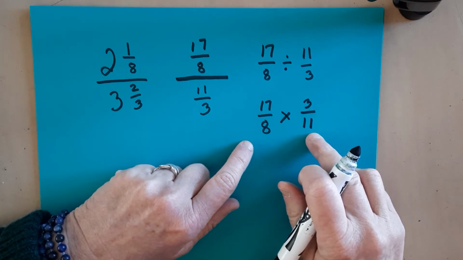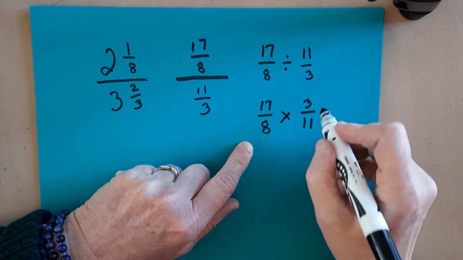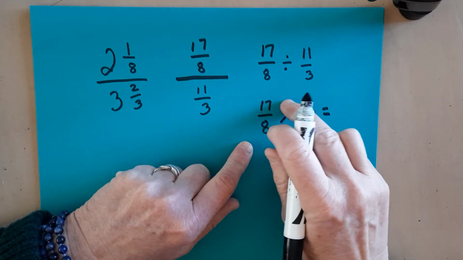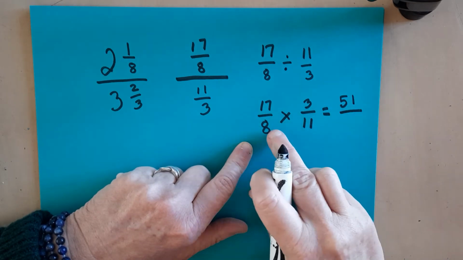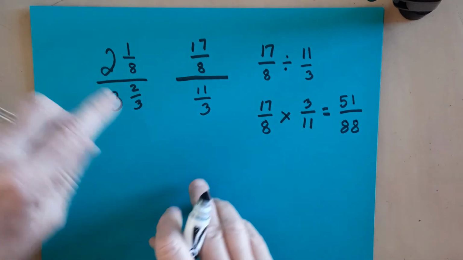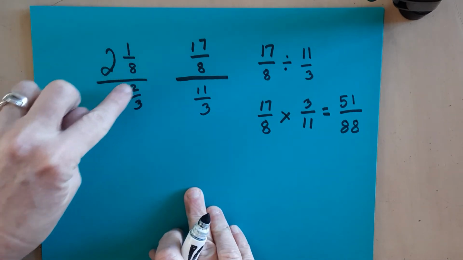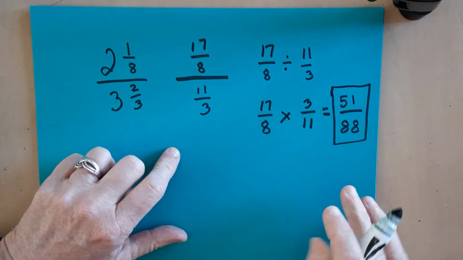You look and see if there's anything that we can cancel. We don't have any common factors, so there is no canceling. So then we just go ahead and multiply the numerators, which gives us 51. And then 8 times 11 is 88. So the answer to this problem, 2 1/8 divided by 3 2/3, is 51/88.